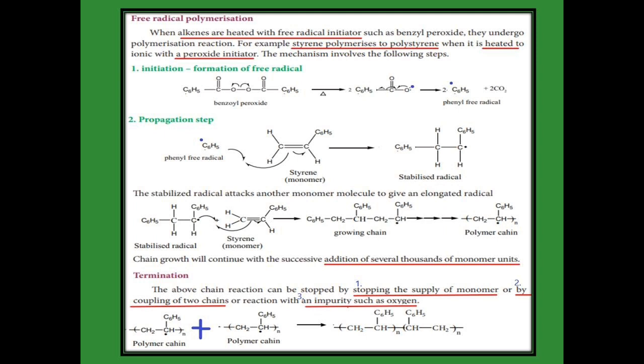The third method is adding impurity such as oxygen, which stops the polymerization reaction. So in the termination step we follow three methods to stop the polymerization reaction.